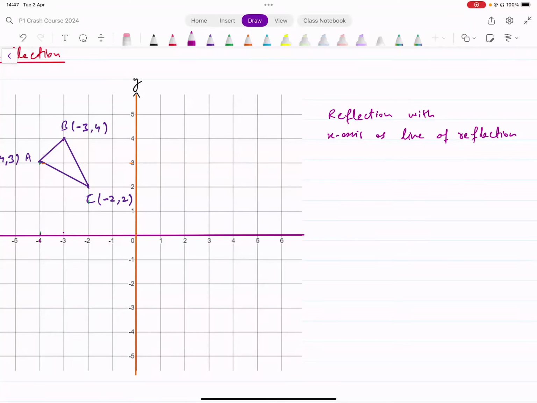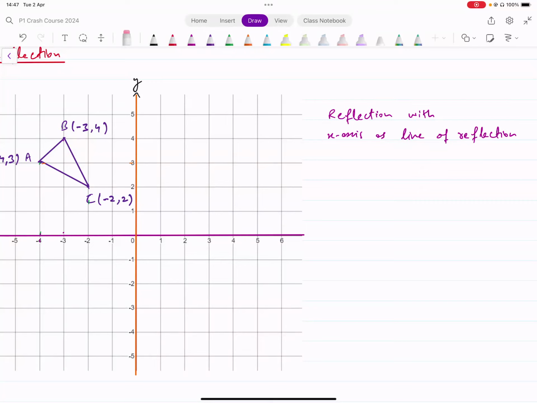But now the preposition here is really important. You can't say reflection with x-axis or along x-axis, or on x-axis. All of them are not going to be acceptable. So in order to be very clear, this is what you should do. Write the word reflection and then say x-axis is the line of reflection.